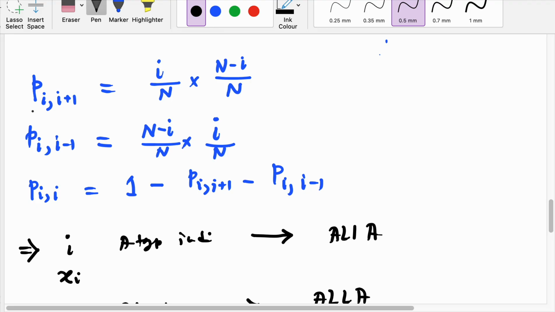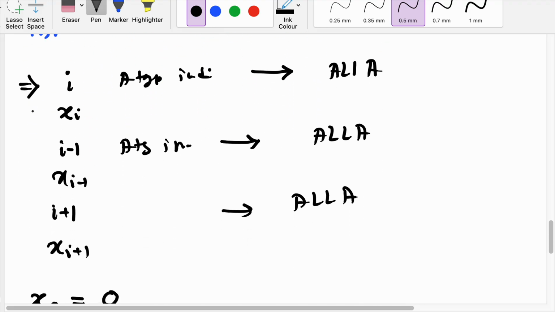If I take the summation, or the product, of p I comma I plus 1 where I varies from 0 to n, then that will give the probability of going. Let's see what is coming.